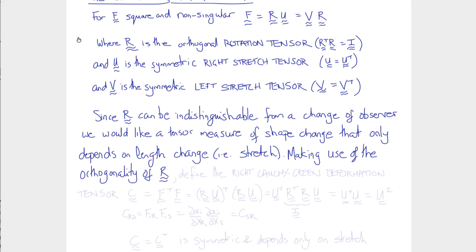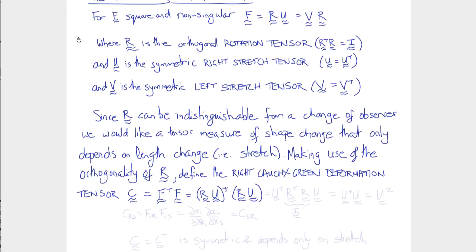So we define the right Cauchy-Green deformation tensor, which is conventionally called C, by C equals F transpose F. F transpose would be RU all transpose times RU.